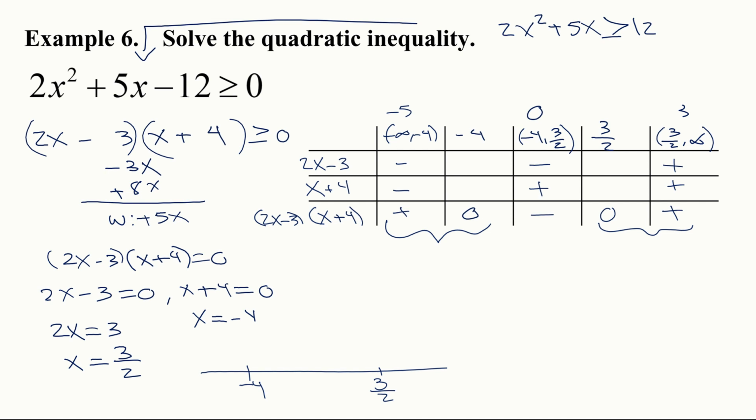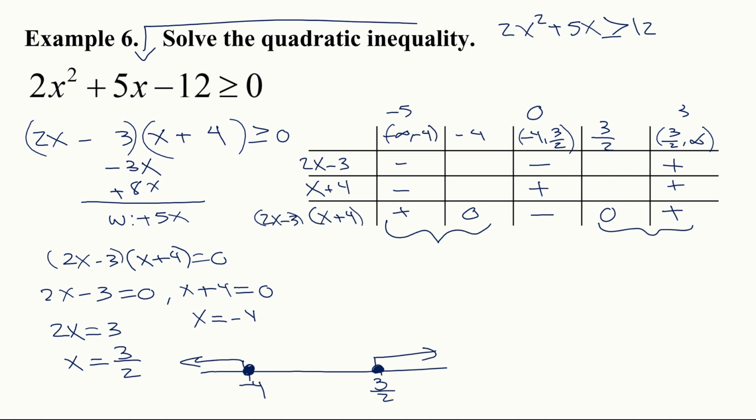From -infinity to -4, including -4, so closed circle and then arrow to the left. And here we're going to have all numbers greater than or equal to 3/2, so closed circle again, and then arrow to the right.